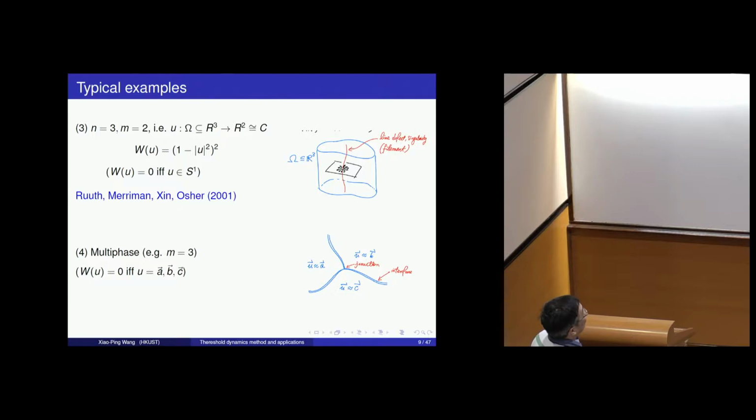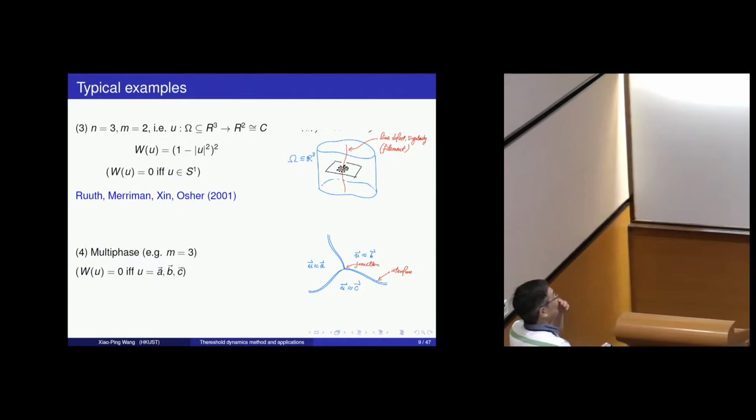You can also generalize to 3 dimensions, where n is 3, and so it will be line defects, filaments, and so on. Of course, you can even generalize to matrix problems.